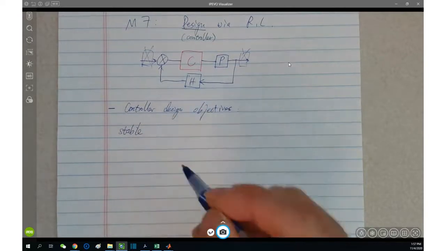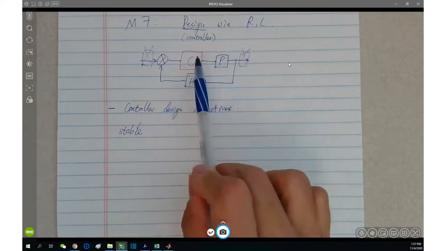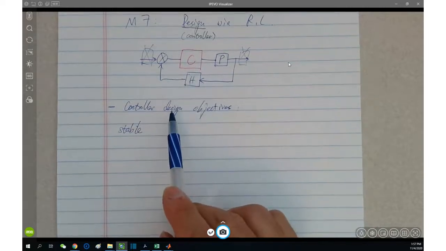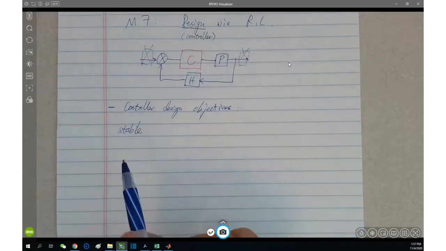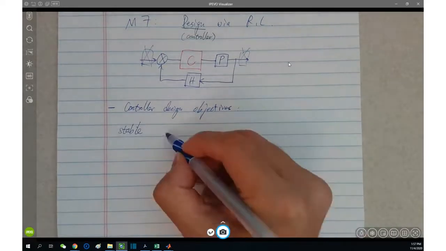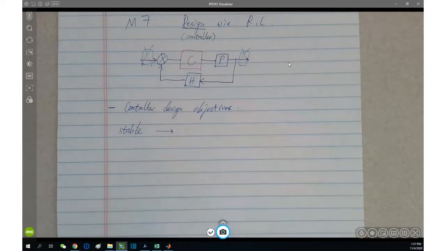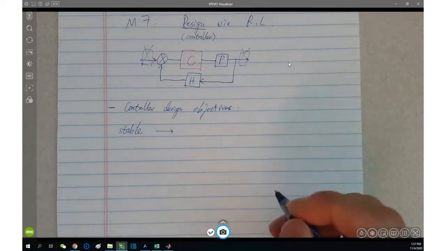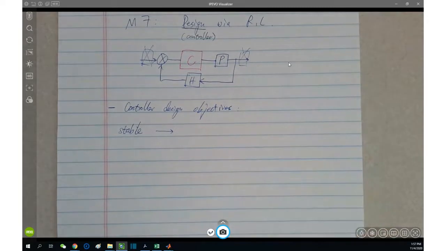After designing this controller, you need to keep, if not improve, the stability. My system must be stable, otherwise nothing is meaningful. If it is, then go ahead. What's the next? Anyone remember? Based on what we have learned in the past, what's the next objective?